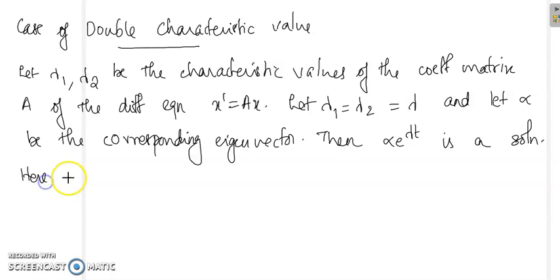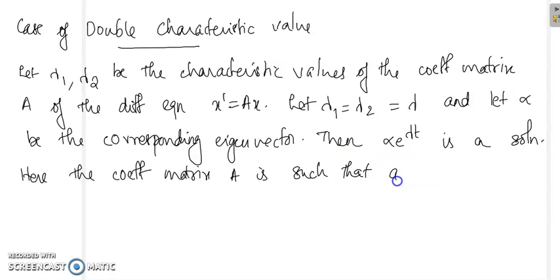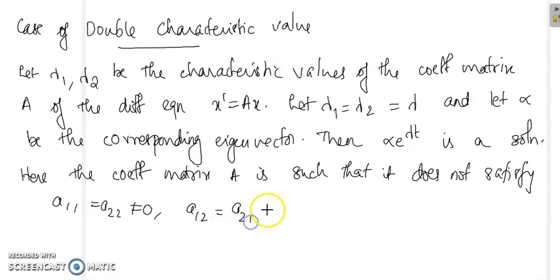And here A is such that, as we have seen in the other method, the coefficient matrix A is such that it does not satisfy the condition A11 equal to A22 not equal to 0, and A12 equal to A21 equal to 0.